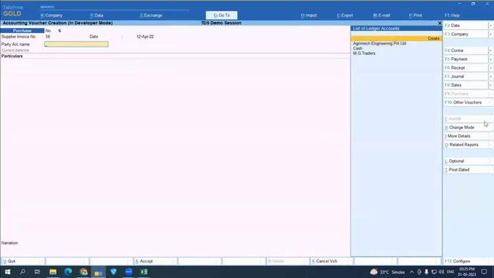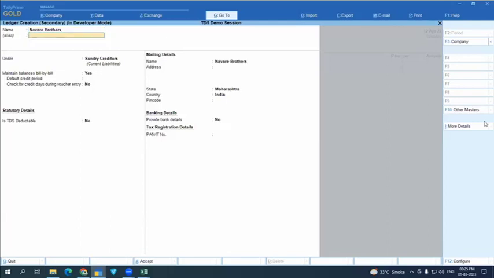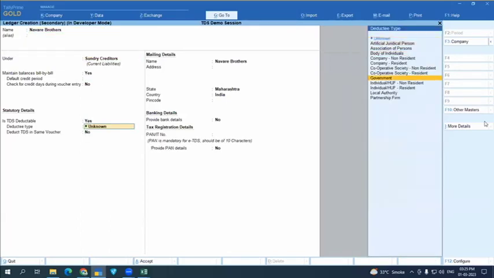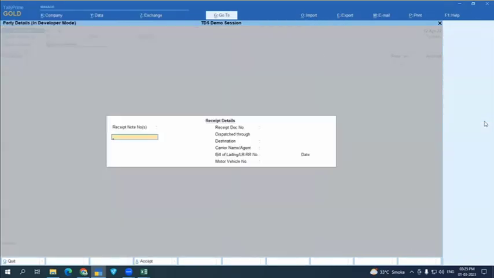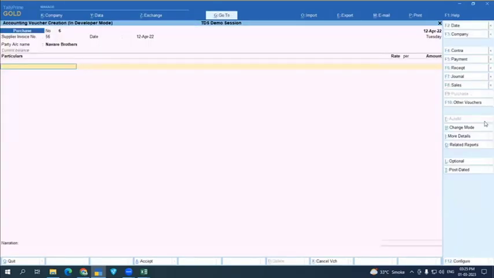Here I am creating a party and selecting TDS applicable. That party is resident and I am not entering any PAN number here. So let's take this scenario also. We don't have the PAN, and I'm putting a voucher eligible for TDS, like 55,000.